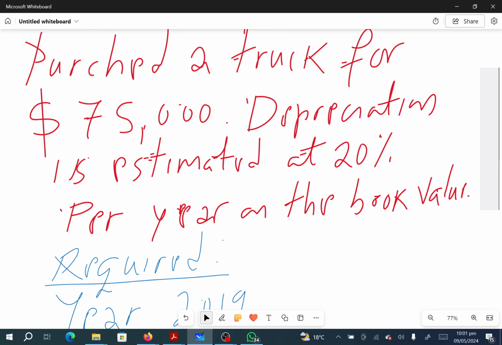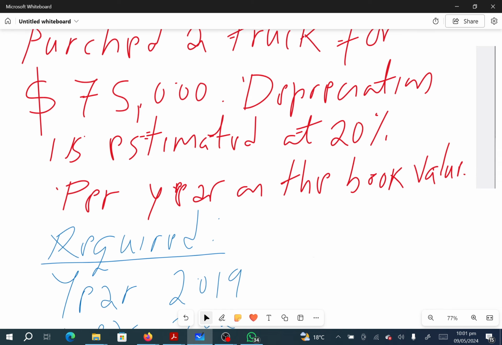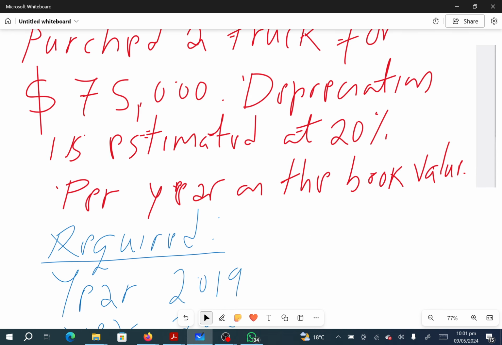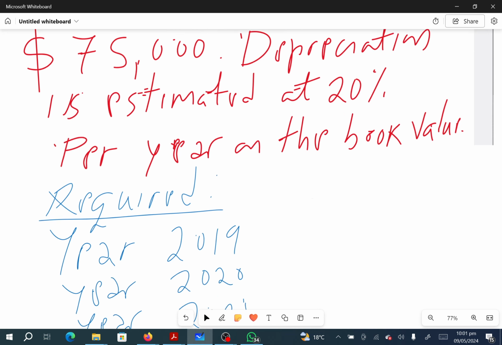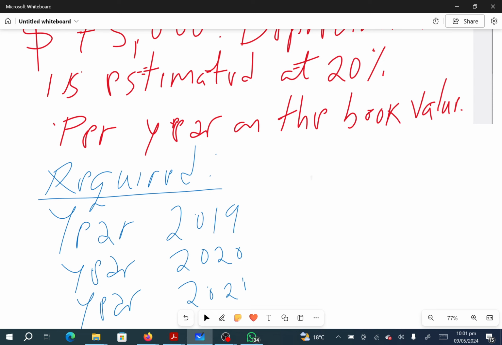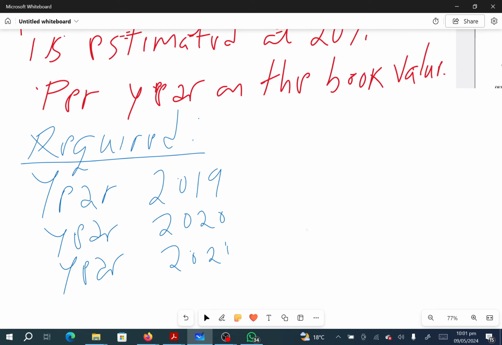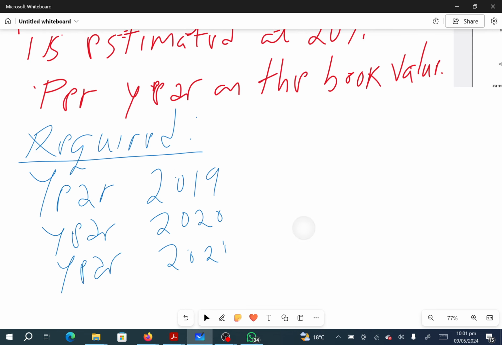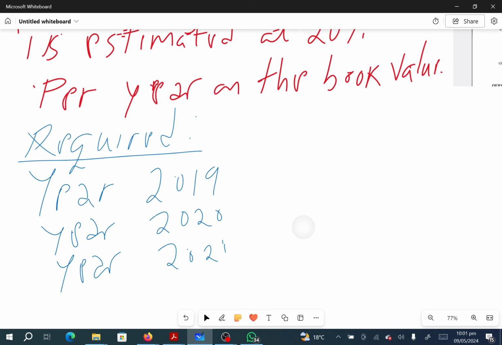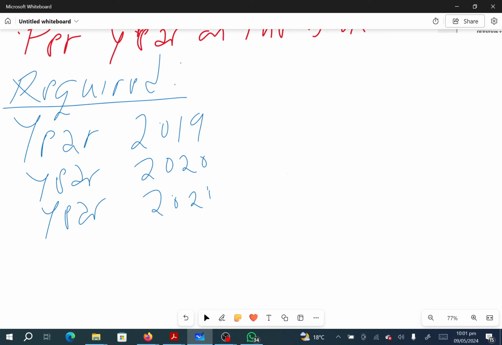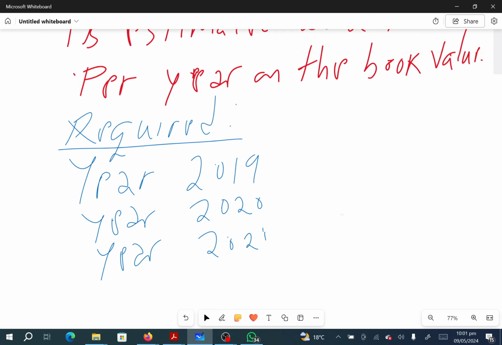Then the depreciation is estimated at a rate of 20% per year. Then you are told to calculate the truck's depreciation for year 2019, 2020, and 2021.